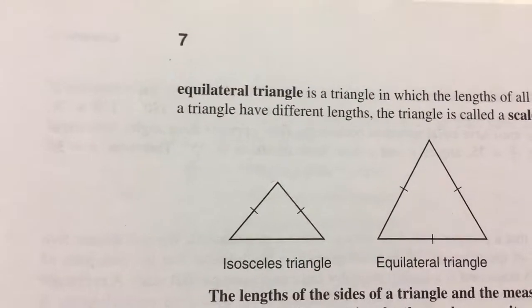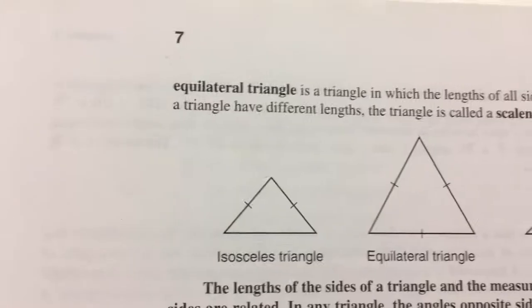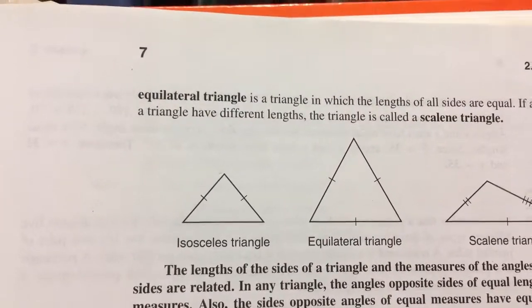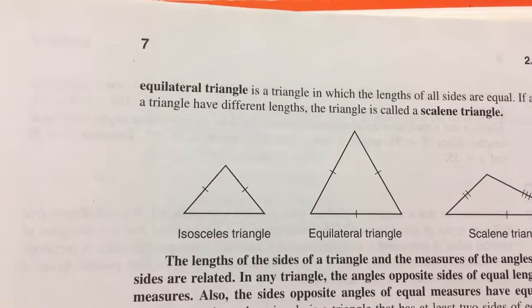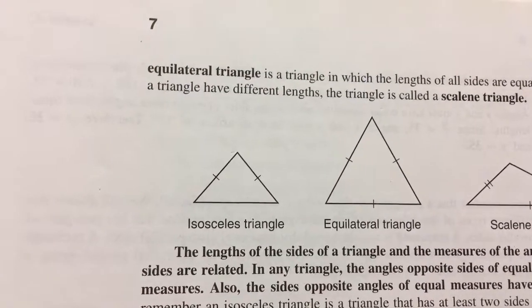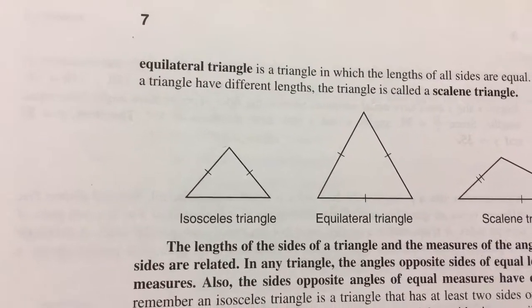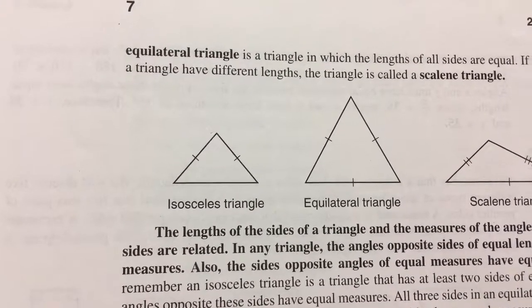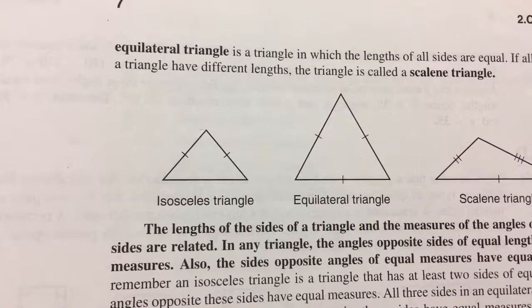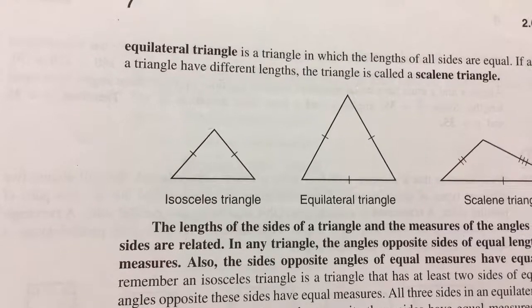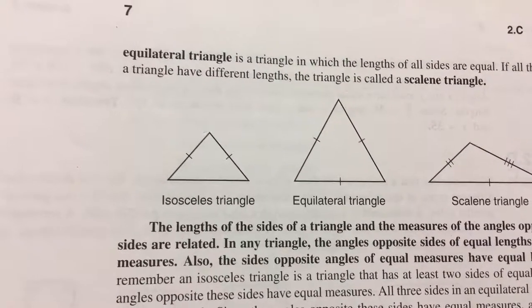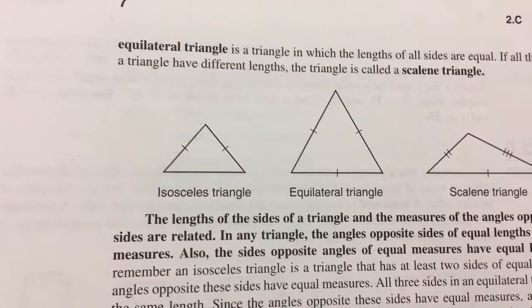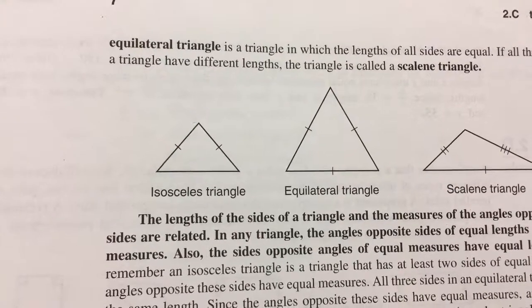An equilateral triangle is a triangle in which the lengths of all three sides are equal. Because it is a triangle, it will also have three equal angles. That's true of triangles. It's not true of everything. All other polygons don't follow that rule, but for triangles, if it's equilateral, it is also equiangular.